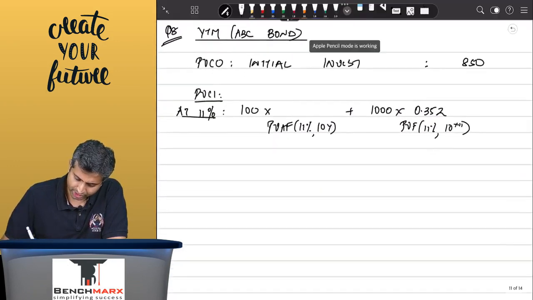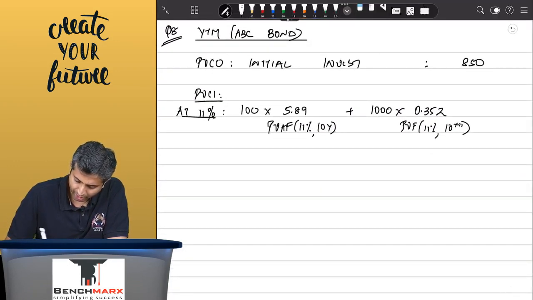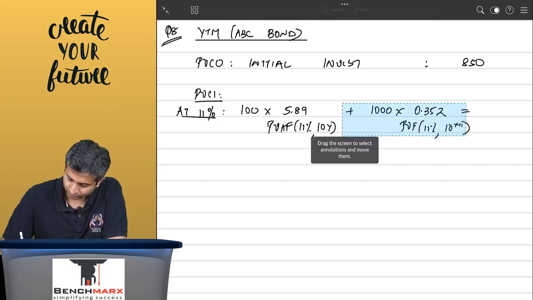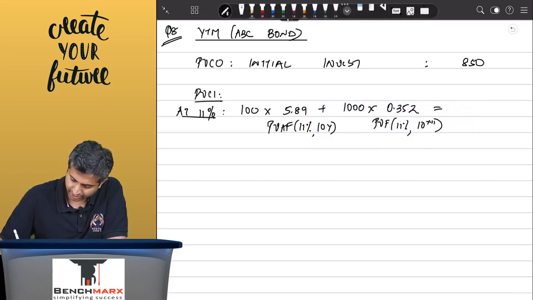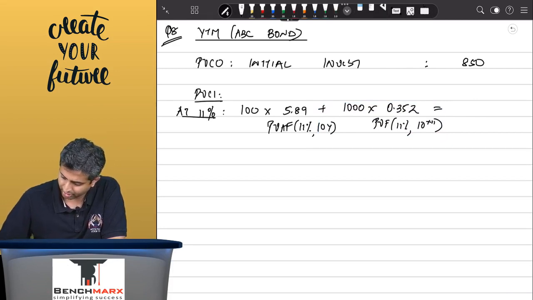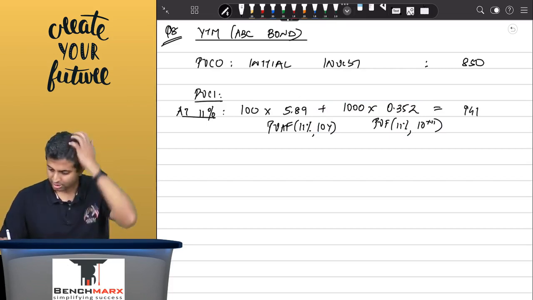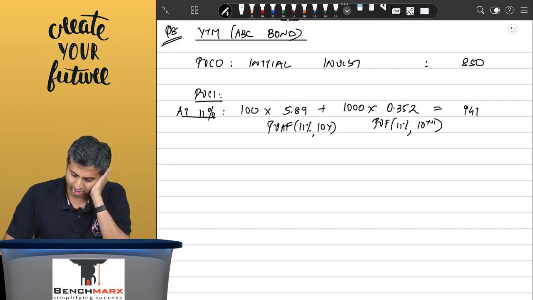So over here this is 100 into 5.89, so this comes to 589 plus 352, that is 941.